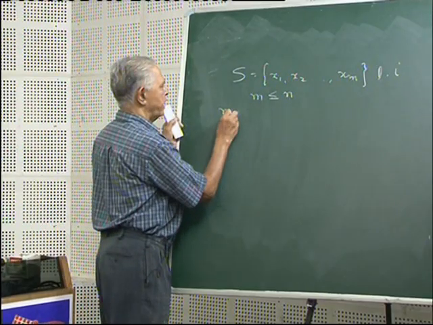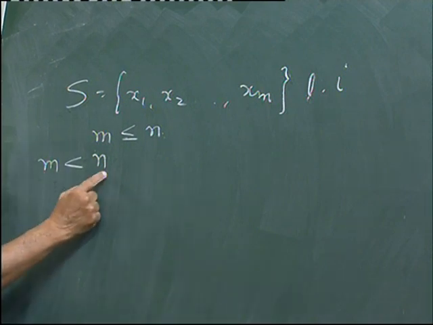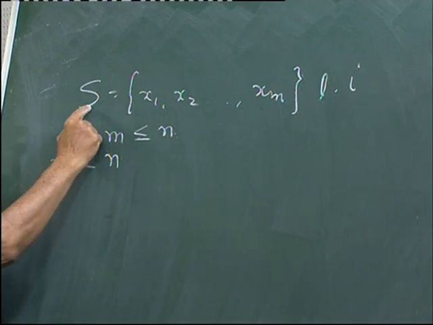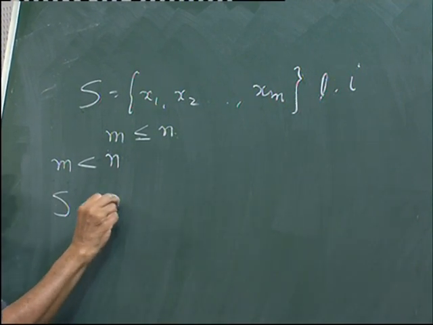Suppose m is less than n. If m is less than n, then since S is linearly independent, S can't be a basis.